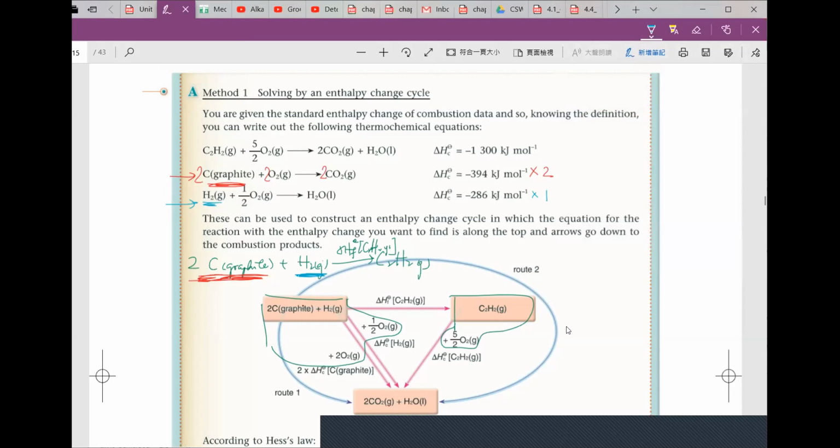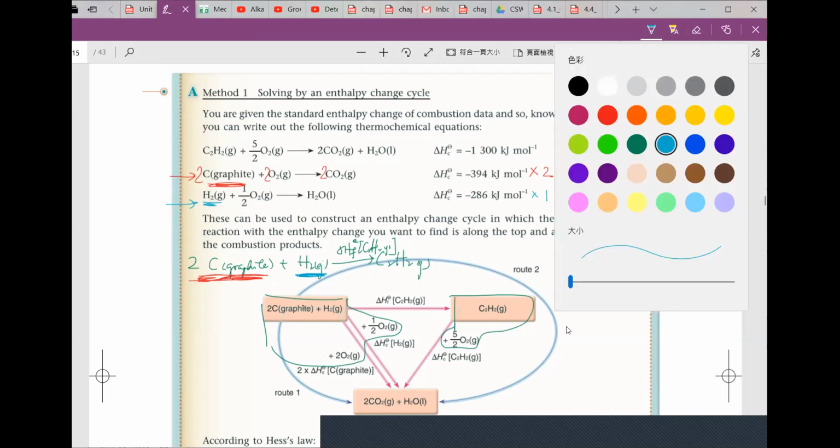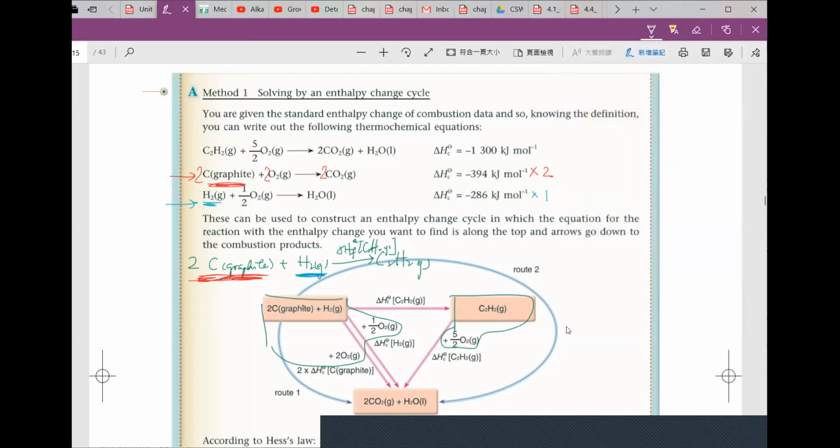So what is special about the final equation on top of it? You are going to write it in reverse. So this is 2 CO2, H2O liquid to form C2H2 gas, plus 5/2 O2. Can you get this?